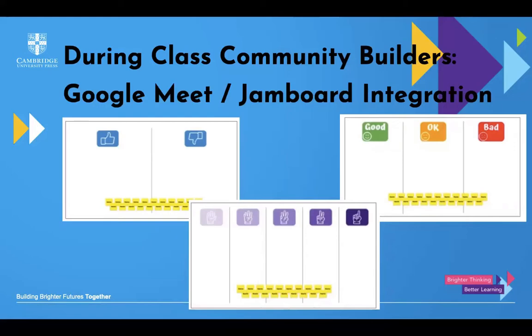I'm not sure if you can see the format in the fine print here, but all those yellow squares at the bottom of each of these Jamboard templates right now just say name because they're just a template. But what you would do is download this as a template and then put all your students' names in it. Then you can reuse it for a variety of different activities, and it'll always have your students' names already populated.